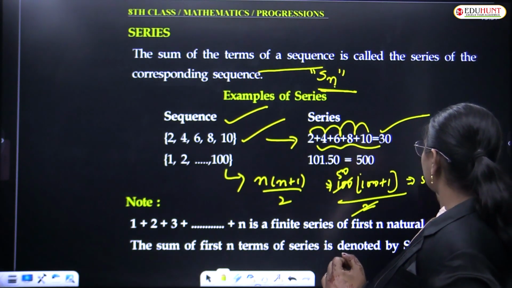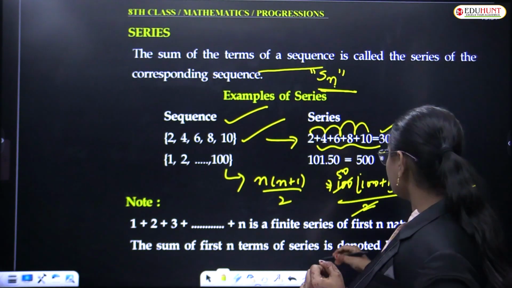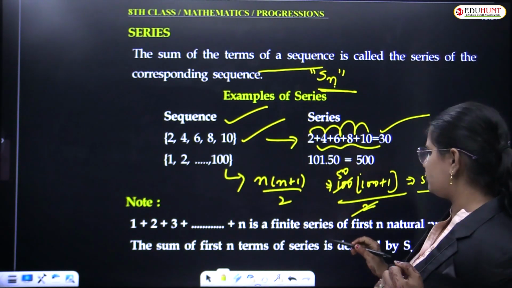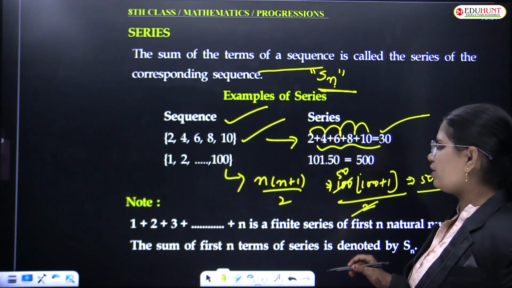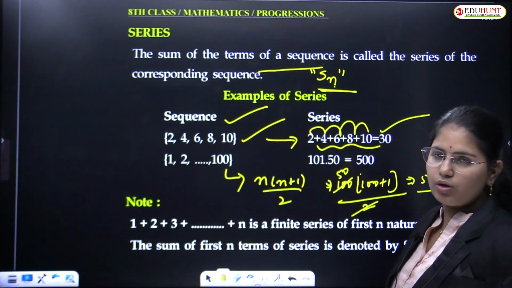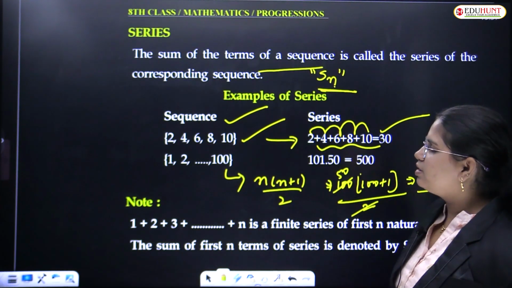So 50 into 101, which is nothing but 5050. Am I clear with this? So this is an example of sequence and series.